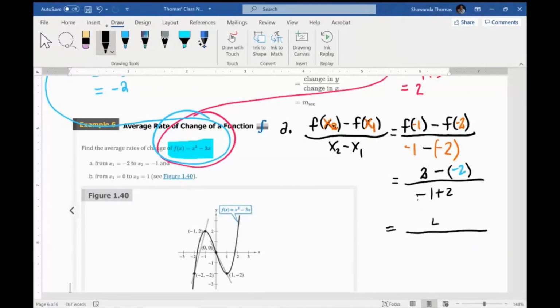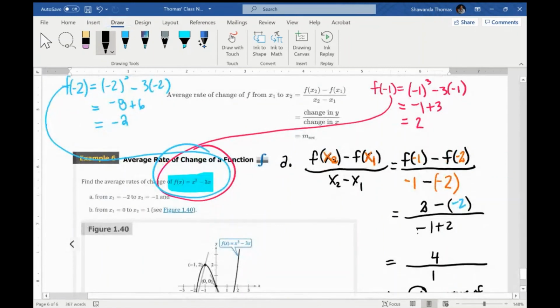So 4 in the numerator. What goes in the denominator? 1. 4 over 1 equals 4. That is your average rate of change, or simply your slope.